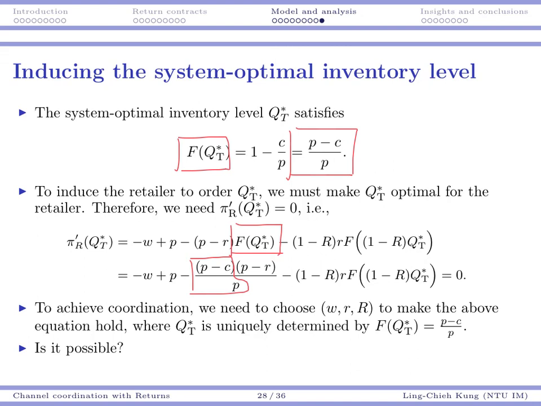Now our question has been reduced to the following: we want to ask whether there is any w r and capital R so that this particular equation is satisfied. We want to ask whether such w r and capital R exist or not, and if they exist, what are some properties that we may say about them? That will be our task in the next video. Thank you.